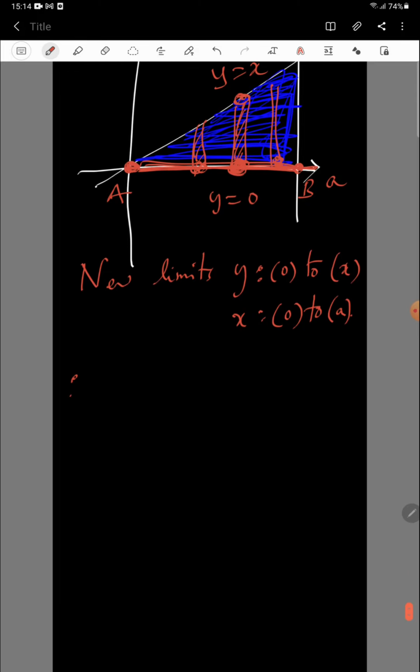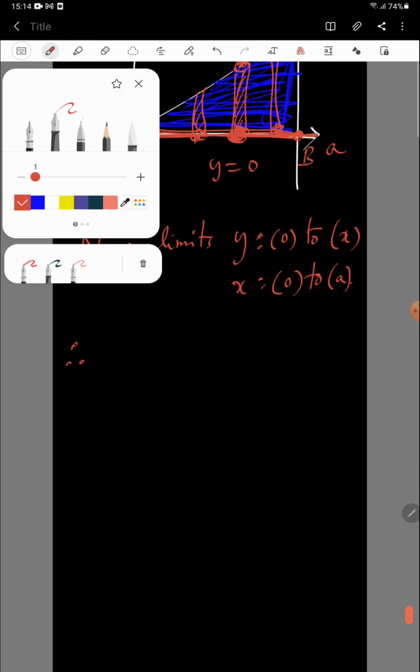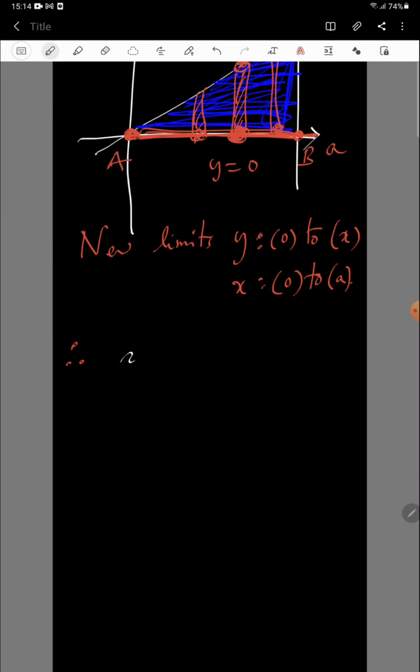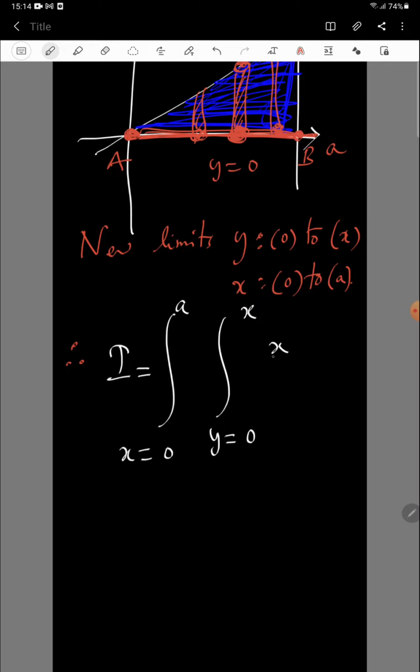Therefore our new order, okay, therefore I is now going to become, inner integral is y is equal to 0 to x and outer integral is x is equal to 0 to a, that is x by x square plus y square, dy first, dx next.